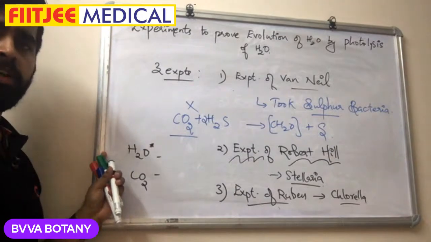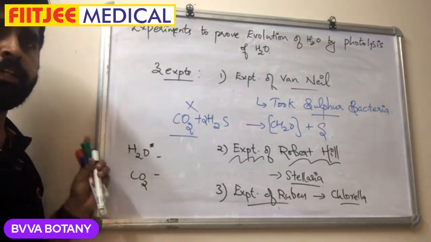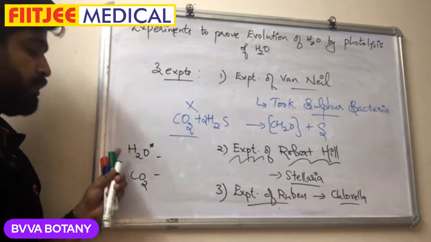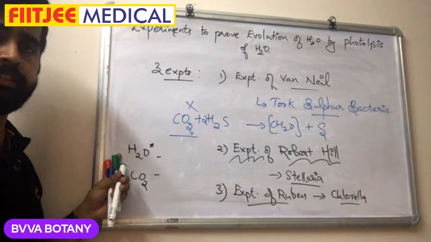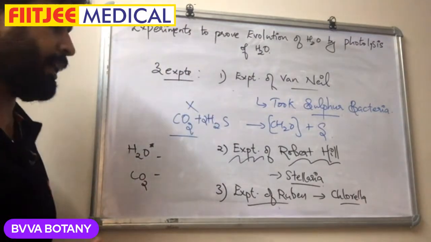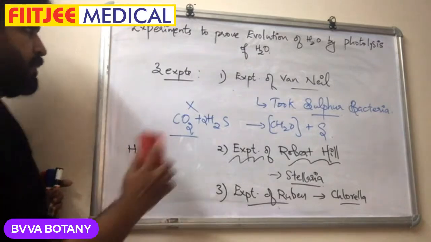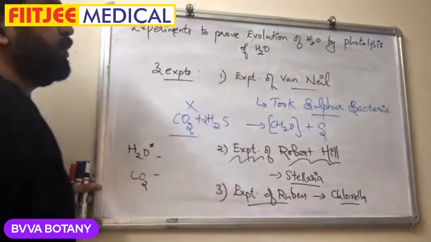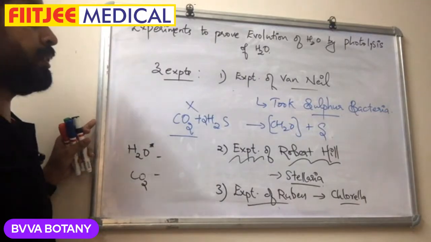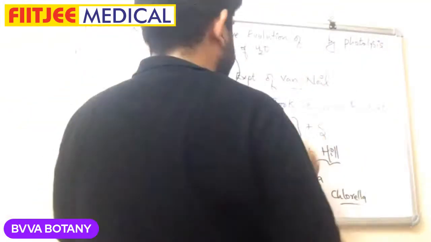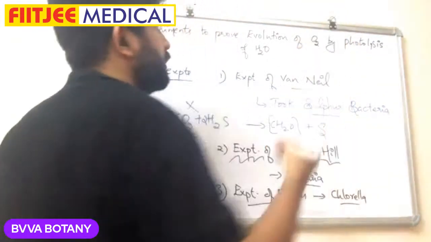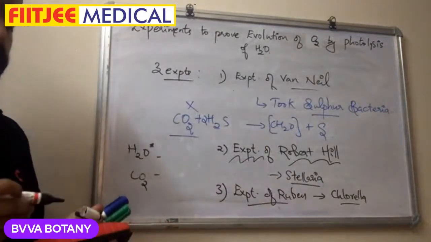So at last, oxygen was produced as a byproduct, and the oxygen was tested for radioactivity. We provided radioactivity in water, so ultimately it is the oxygen which came out with radioactivity. So clear? This was the experiment on evolution of oxygen by the photolysis of water.